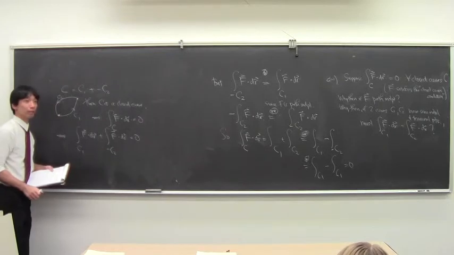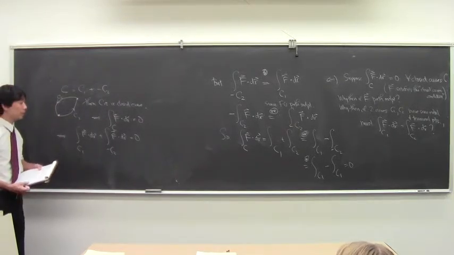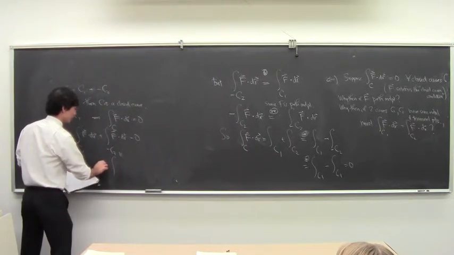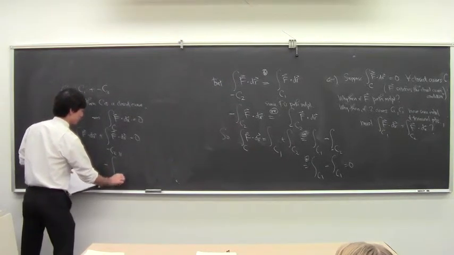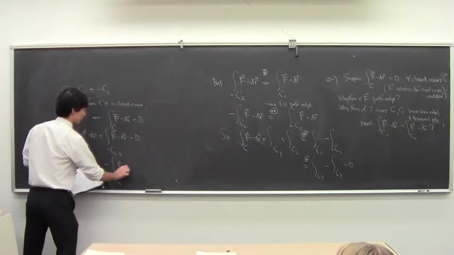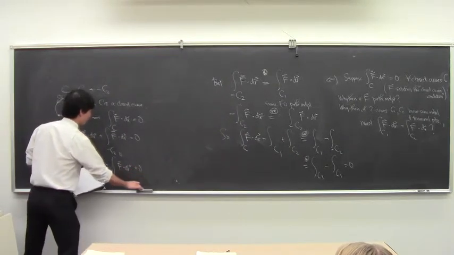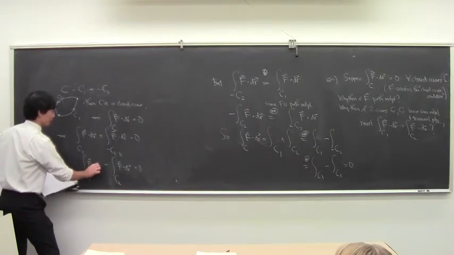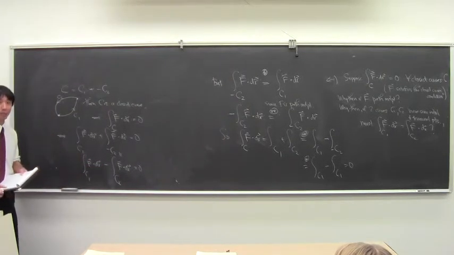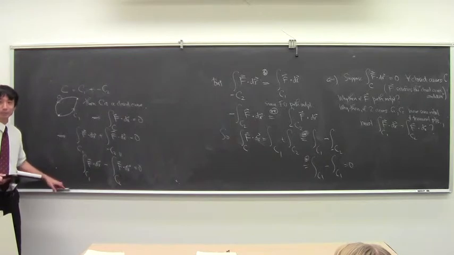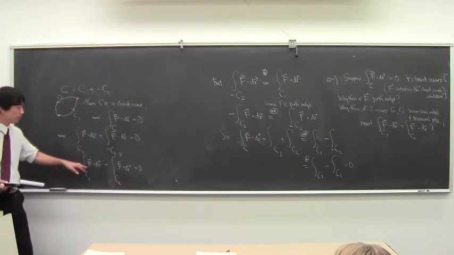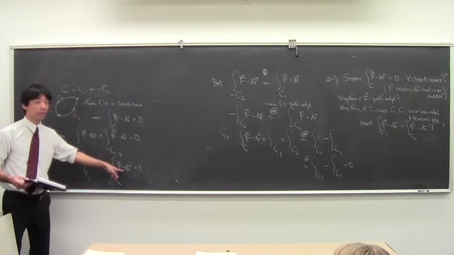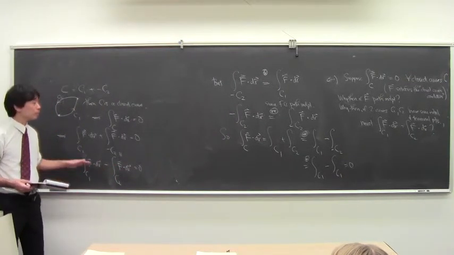And you see what happens: the integral over minus C2 is actually the same thing as minus the integral over plus C2, by what we said last time. And so the integral over C1 must equal the integral over C2, and so you're path independent.